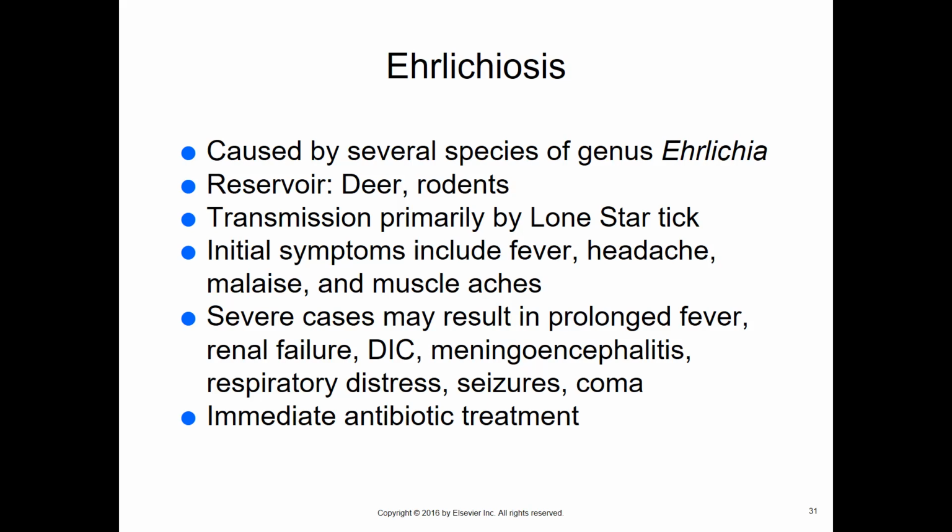Human ehrlichiosis is caused by Ehrlichia chaffeensis and was first reported in 1987, and the transmission occurs primarily by the Lone Star tick, or I call it the Texas tick, the Amblyomma americanum.